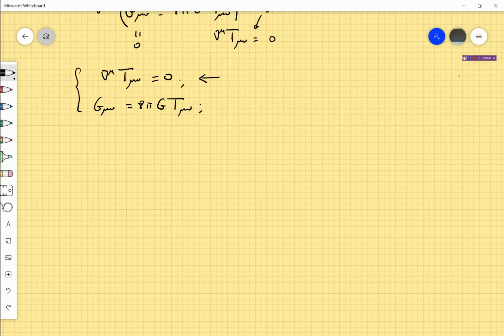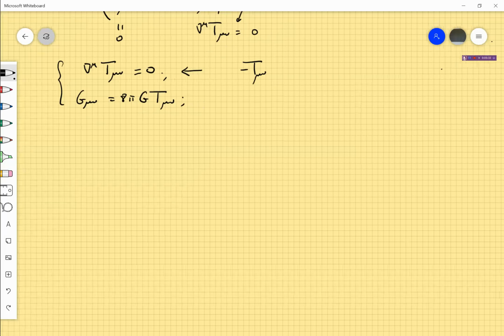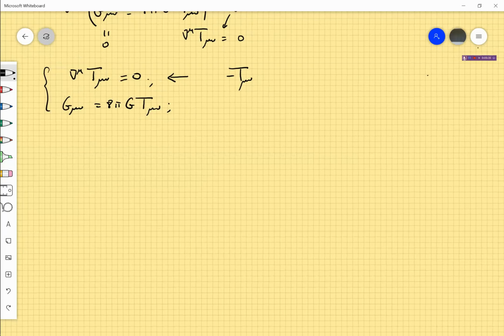Remember first that T mu nu for a perfect fluid, where the sign has to do with my conventions, is given by this expression, with a minus in general relativity, where P is the pressure. It's an isotropic pressure because it is the same in all directions.